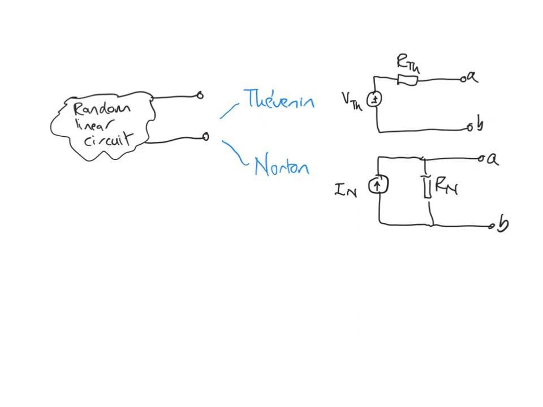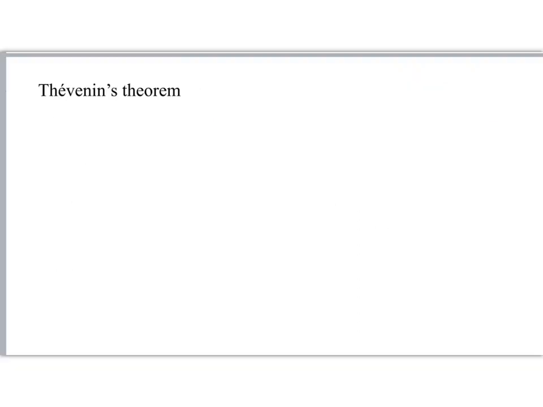So we're going to look at how to find the Thevenin equivalent circuit and the Norton equivalent circuit of a random complex linear circuit.